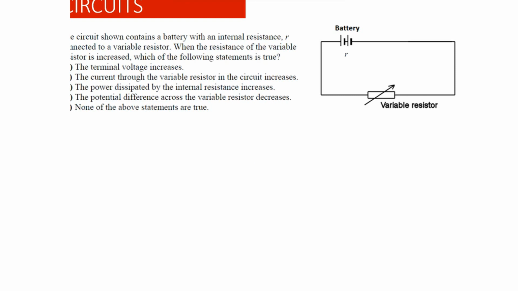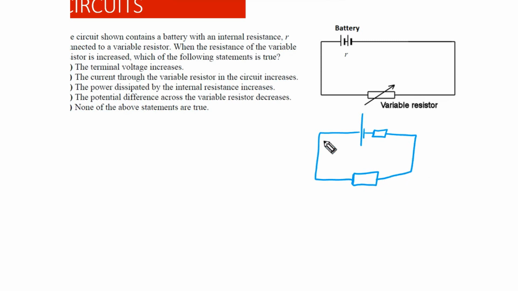So let me explain to you. A is the right answer. When the resistance of the variable resistor is increased, when you increase this one, we can draw this circuit again like this. So no, C is not actually. So let me explain this one now. So you need to understand, if we have, this is a load resistor, we can draw this circuit a little like this.